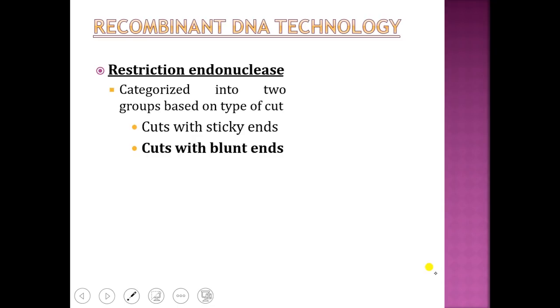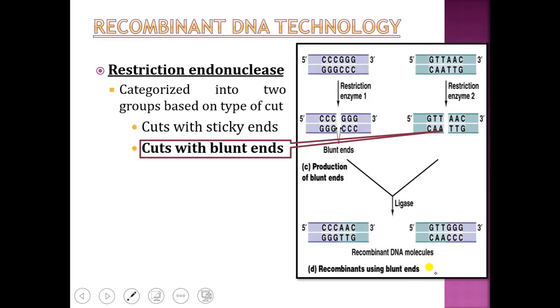The second is the enzyme that produces blunt ends. It acts in the middle of the DNA and produces two blunt ends, which can combine with other DNA and be joined with the help of DNA ligases. So this is restriction endonuclease.